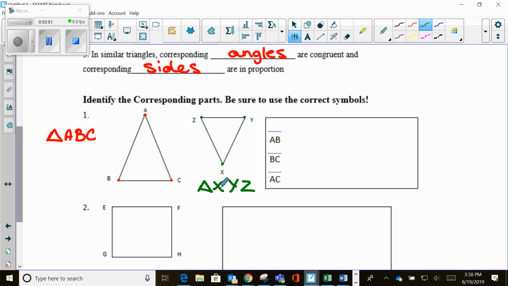When you're looking at similar or congruent figures, the letters are going to tell you your corresponding parts. Okay? So if we look over here, this line on top of AB tells us we're talking about the sides. Okay? So I am talking about side AB. So I'm going to highlight my side AB. And that side is going to be similar, so I use the squiggly line, to the side XY in the smaller triangle.